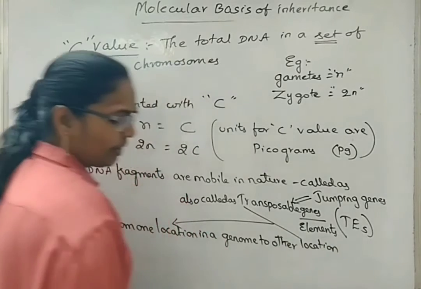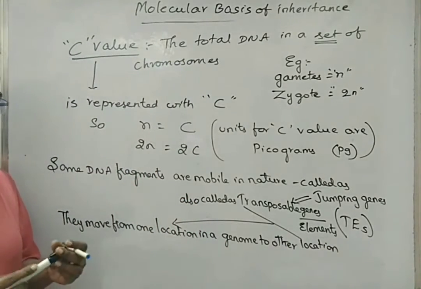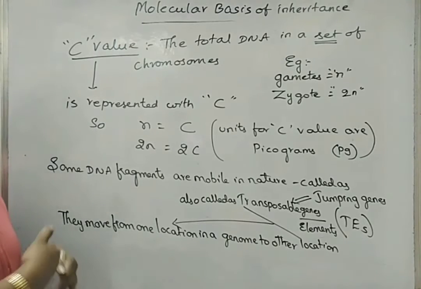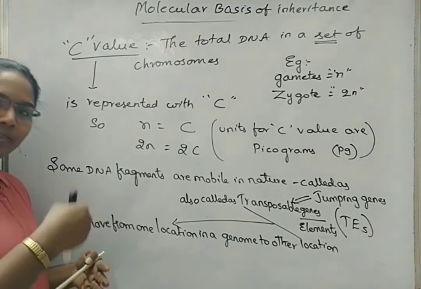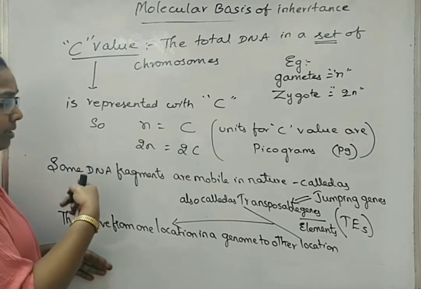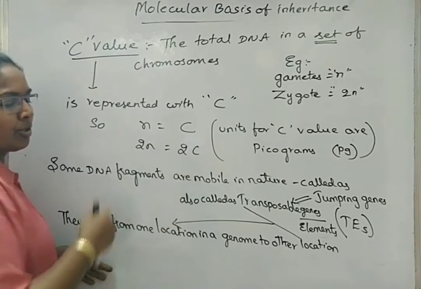Suppose, in case of sperms and egg cells, nothing but the gametes, these jumping genes exist and they jump around the genome within that sperm cell or within the egg cell, and that movement or transportation or mobility is very important for the course of evolution.